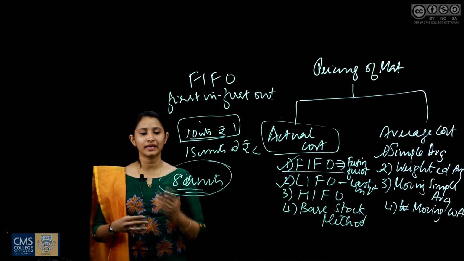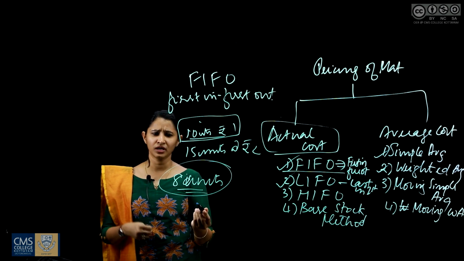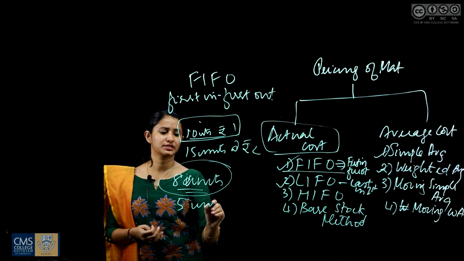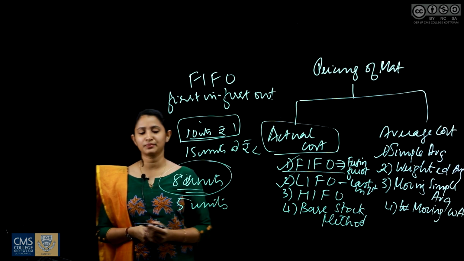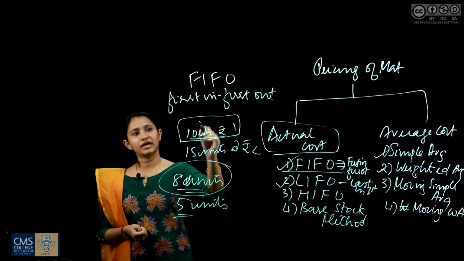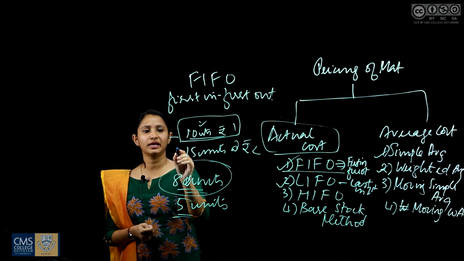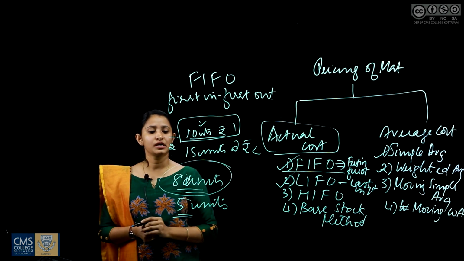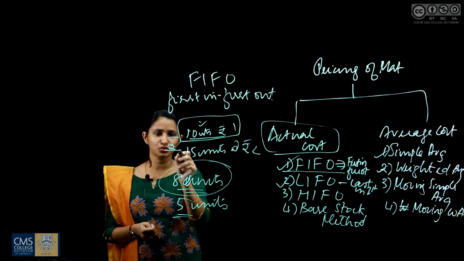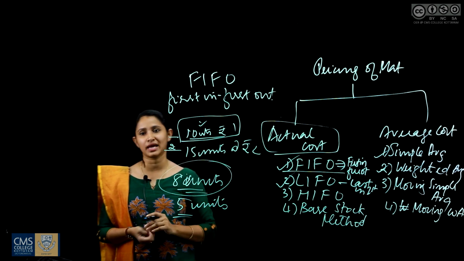And then the next time the production department asks for raw materials, say they are asking for 5 more units on the next day. We know that we have taken 8 units from the first lot, which means only 2 units remain. So the first in first out method says that you have to take 2 units from this lot at ₹1 and then 3 units from the next lot.